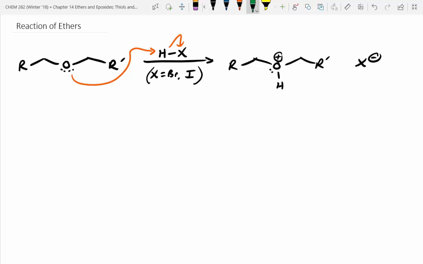At this point, we could say, hey, this is a good leaving group. Just like we saw with alcohols, one of the ways of making them into a good leaving group is to protonate them. Now this can attack the backside and kick this off as a leaving group.